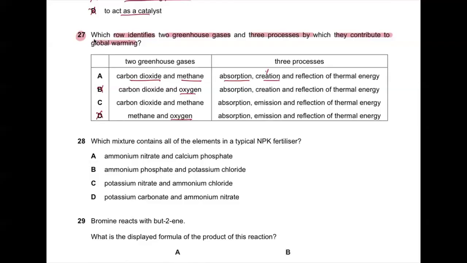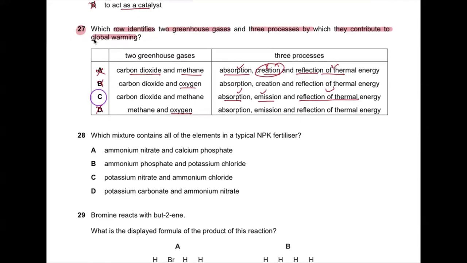Creation? No, they don't undergo creation. Absorption, emission, reflection of thermal energy, yes. So creation makes A wrong, and C is the correct answer. They absorb the energy, they emit the energy and reflect the thermal energy towards the earth. There is no creation of energy, so A is wrong.